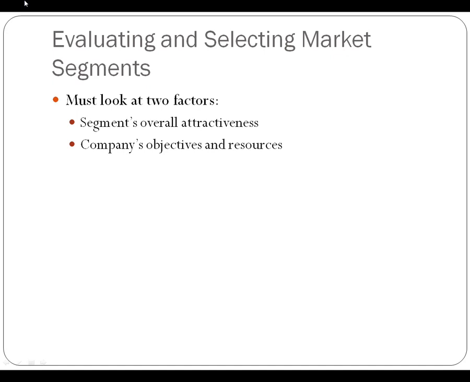Well, even though that hunter segment might be attractive, it might be actionable, it might be reachable, if it's not consistent with the company's objectives, obviously you're not going to pick it. So you're going to just leave that alone. So that would be an example of a segment that you don't pick because it's inconsistent with the company's objectives, goals, philosophy, those types of things.